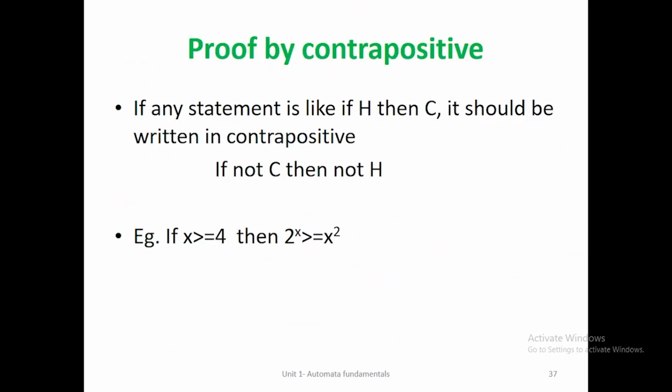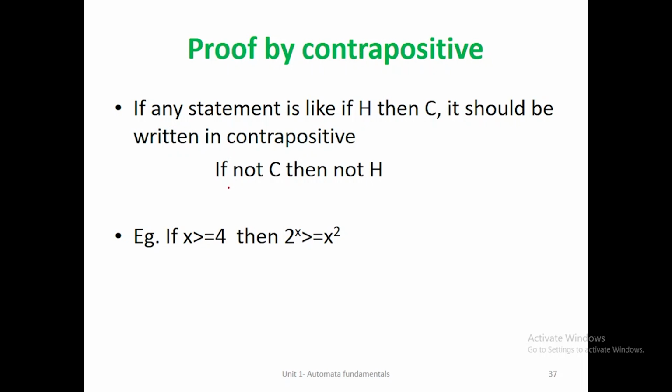The second concept is proof by contrapositive. So what is the contrapositive? If any statement is of the form if H then C, its corresponding contrapositive statement is if not C then not H. So how can we prove it?